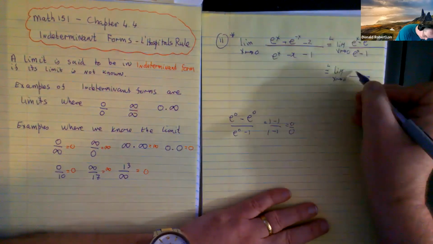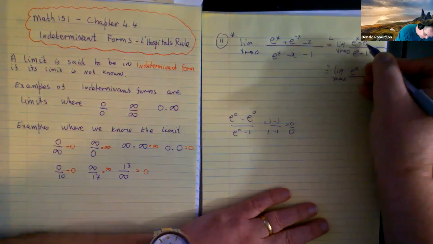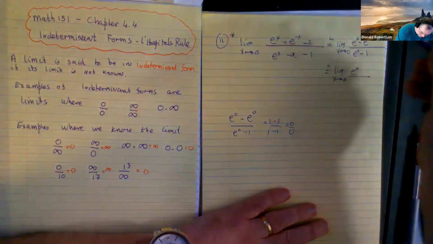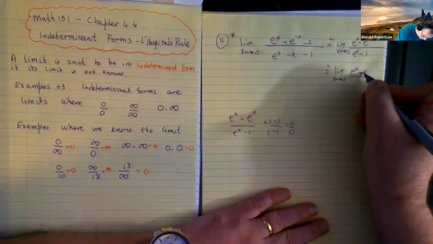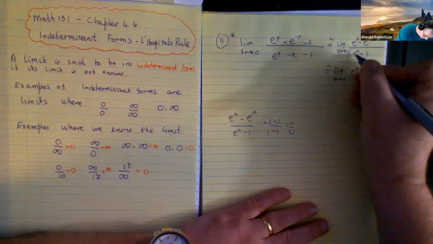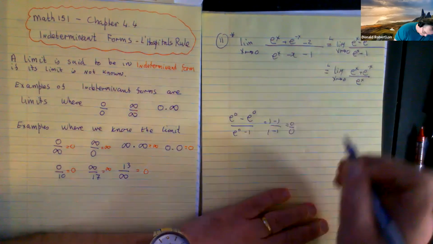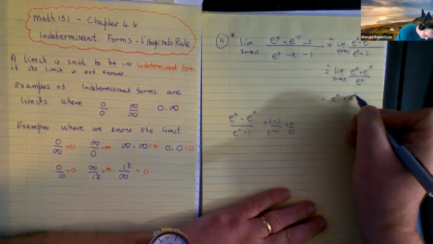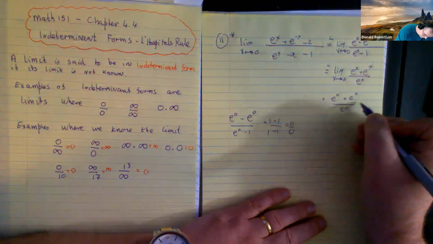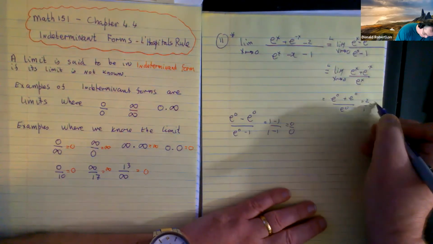You differentiate this guy, you get e to the x. If you differentiate this guy, you get negative e to the negative x times another negative 1. So it now becomes that guy. And you differentiate the bottom, you get this guy. But now you can put in zeros. And the answer is 2.